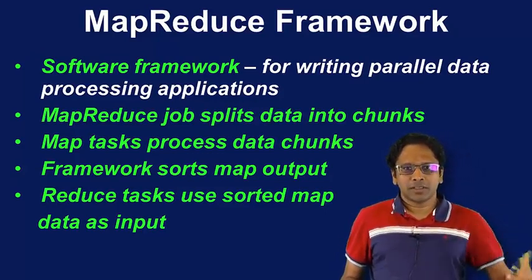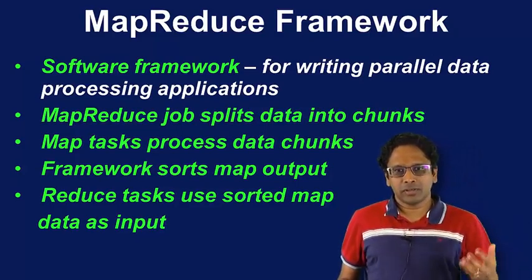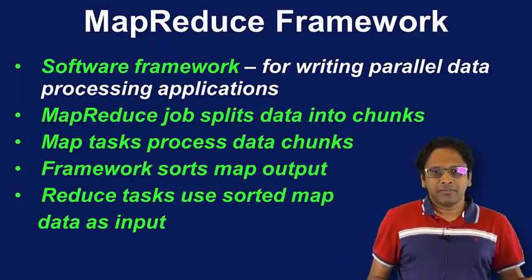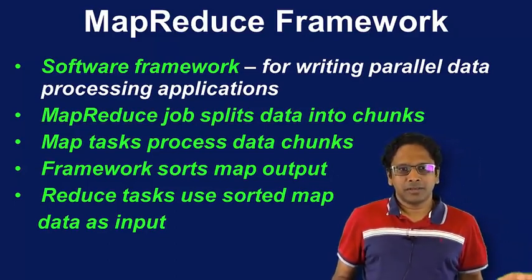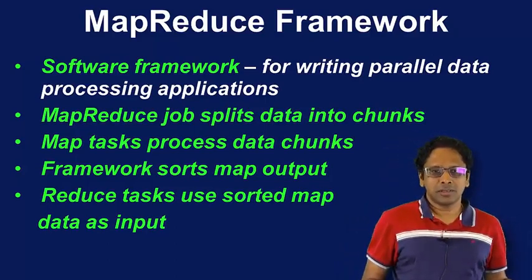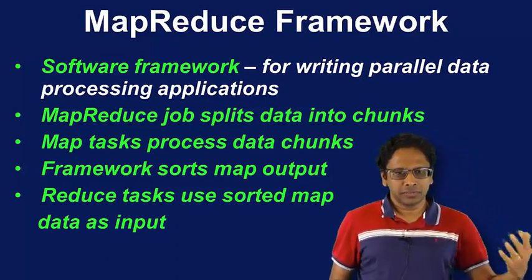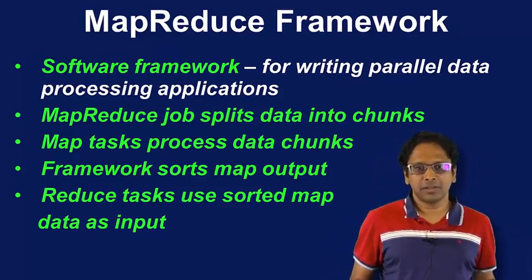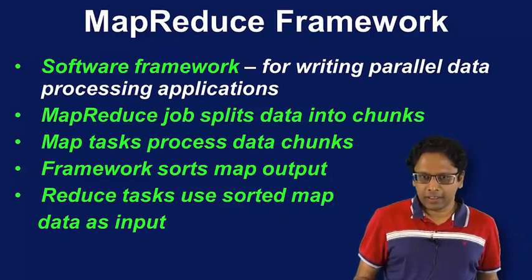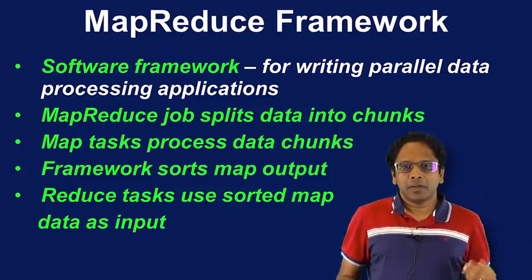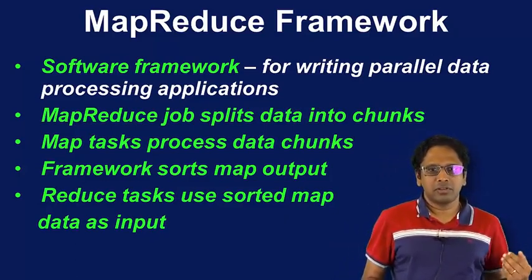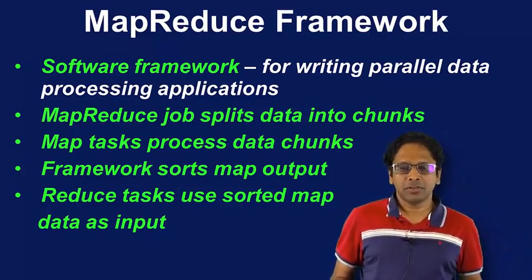Once the map tasks are done processing these individual, independent chunks of data, the framework sorts the output, and the reduce tasks use this sorted map data as input and perform reduction operations on it, which gives you the output for the entire program. Pretty much all the applications developed in the original Hadoop framework use this approach.